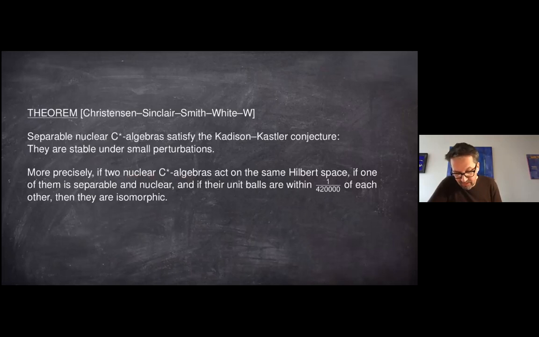If you have two C-star algebras which act on the same Hilbert space, and suppose one of them is separable and nuclear, and suppose that the unit balls are within a small number of each other, so this is a norm difference, which means you take one unit ball and then the unit ball of the other C-star algebra, and these are close somehow.